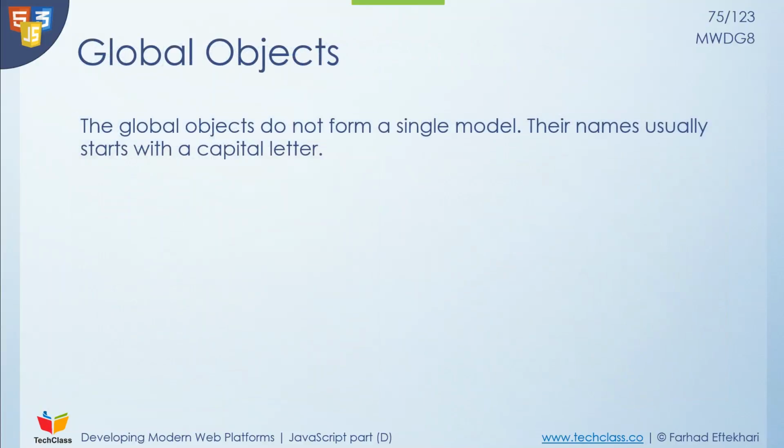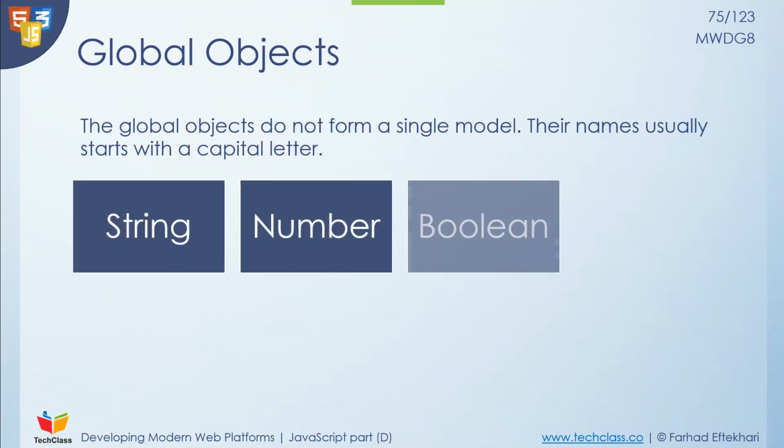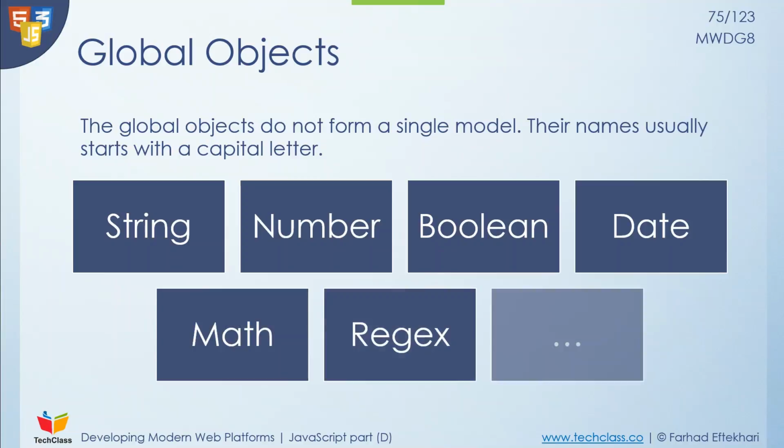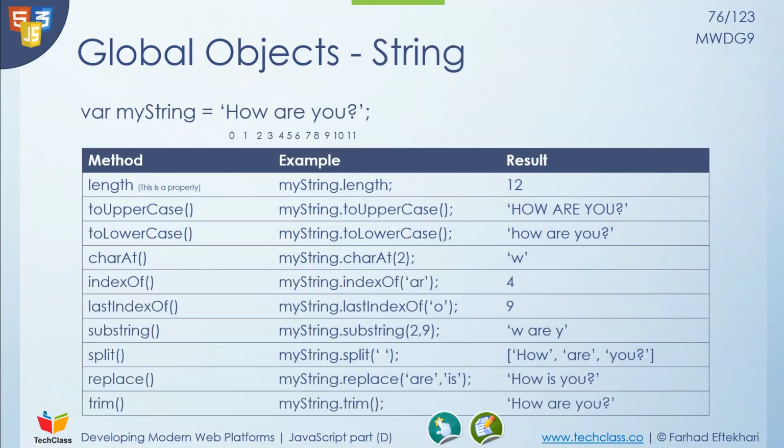Right, now let's talk about global objects. The global objects do not form a single model. Their names usually start with a capital letter, and they are String, Number, Boolean, Date, Math, RegExp, and some others. Here you can see, for instance, a string as one global object. You can see here we defined myString as 'how are you', put in single quotation marks because it's a string, and then a semicolon at the end.